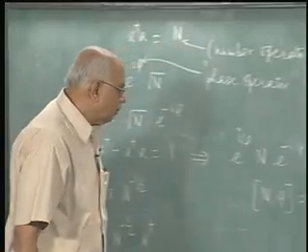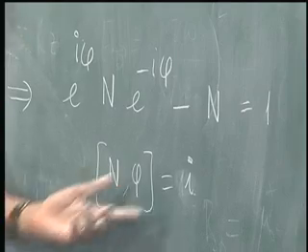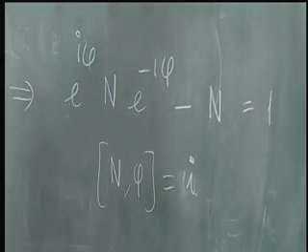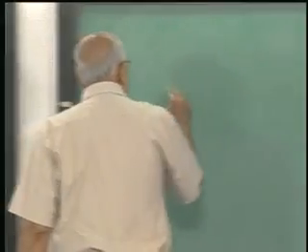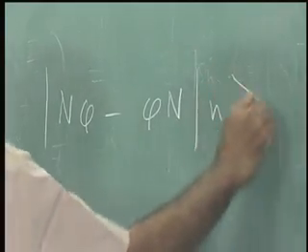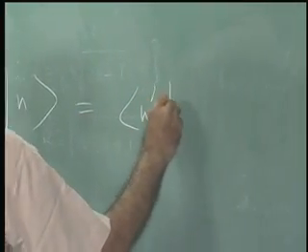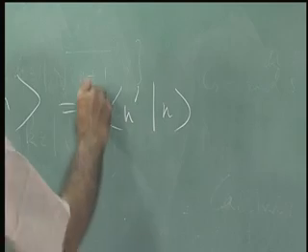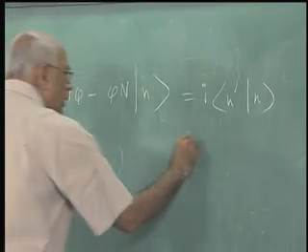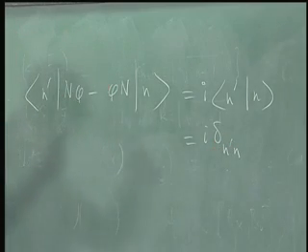That also comes out if I took this thing here and asked, let me take the expectation value of this with number states. So we have said n phi minus phi n, and I take this between the state n and a state n prime, and that is equal to n prime, the unit operator n, and there is a factor I. But this quantity I know is I delta n prime n, because these are orthonormal states.